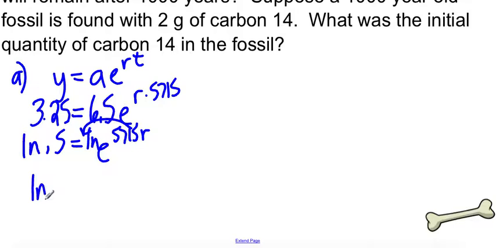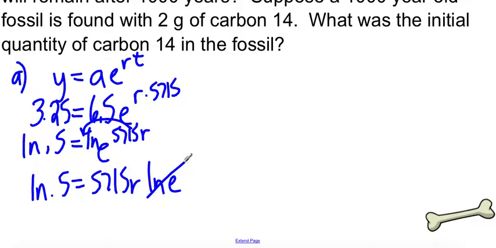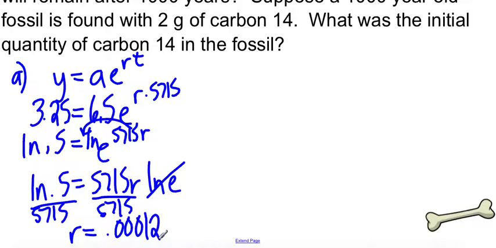So we get natural log of 0.5 equals 5715r times natural log of e. Of course, the natural log of e is 1, so that goes away. To solve for r, we divide both sides by 5715. And when we do that, we get r is 0.00012. That is the rate of decay of carbon-14.